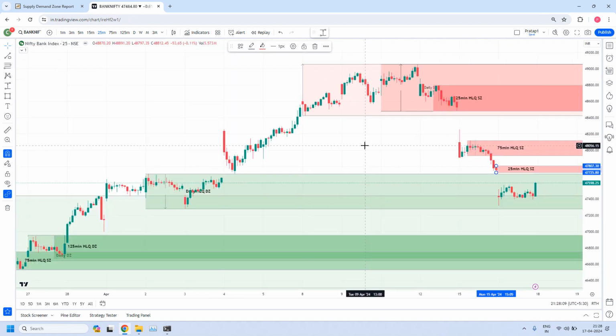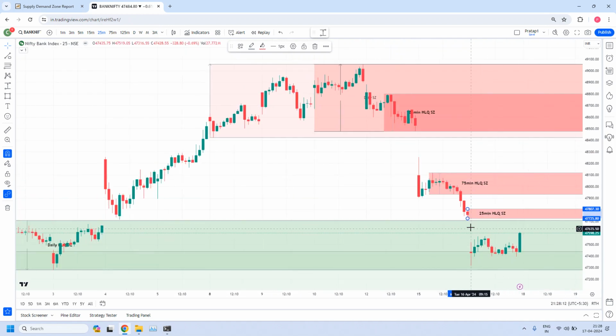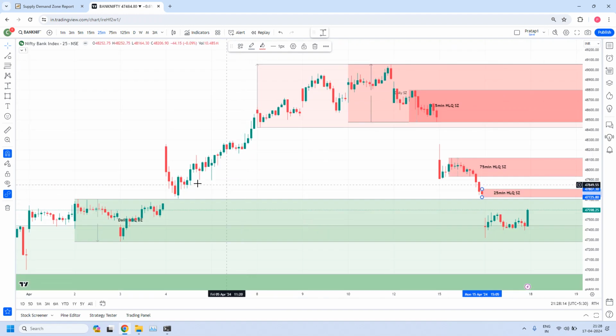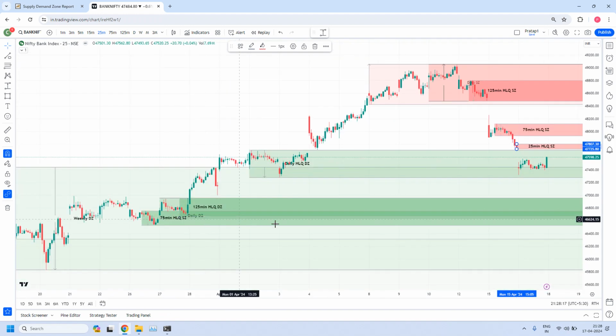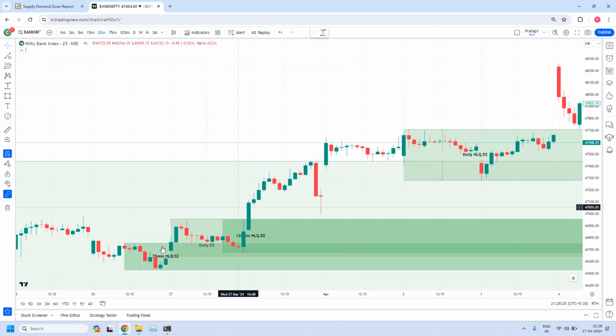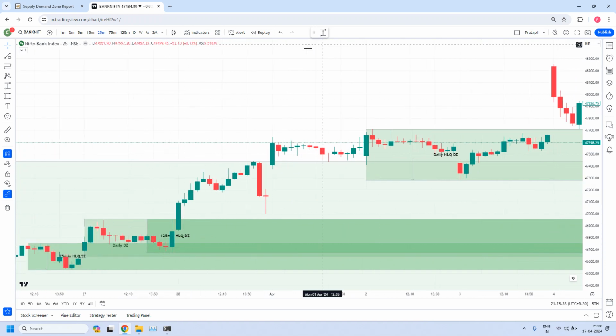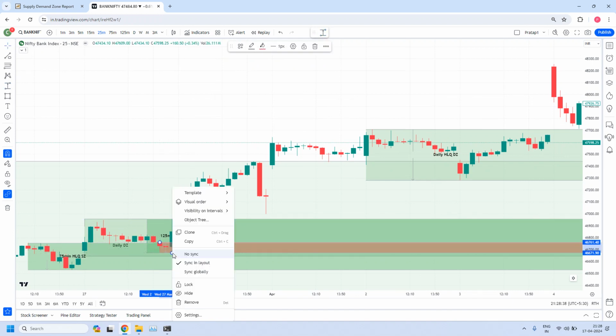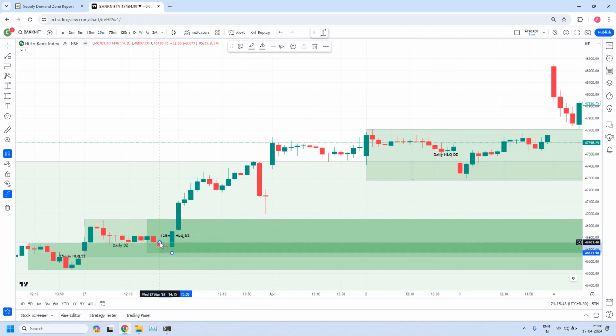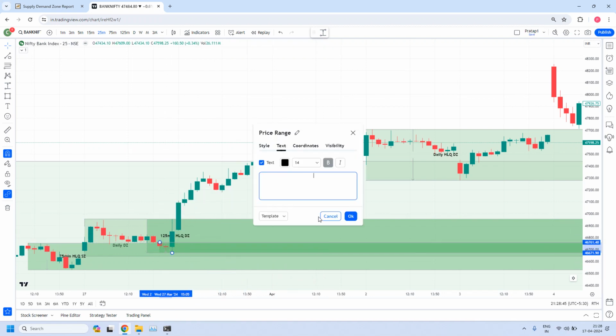So 27.3, 13.50, this is the one. This is 26. So here at 25 minutes, this is a 25 minutes high liquidity demand zone inside 125 minutes.